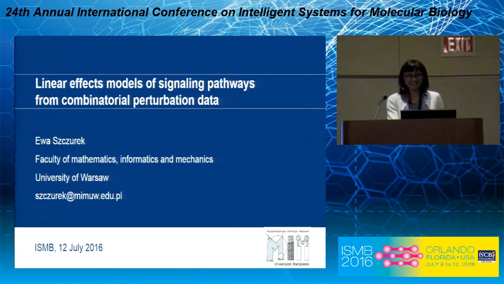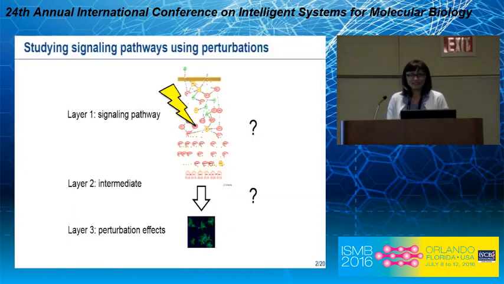Okay, good. So the usual way we study signaling pathways is by means of perturbations. We use an experiment which targets a component in a pathway, and by doing that, we block the signal flow via the pathway, and via some intermediate layer of control of effects via the pathway components.